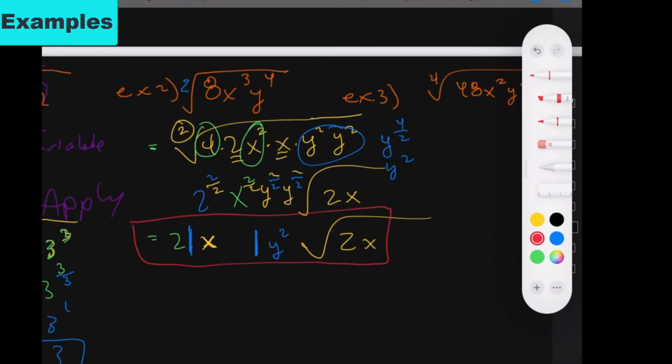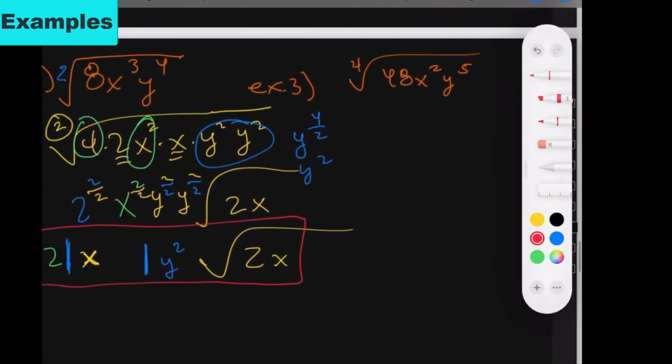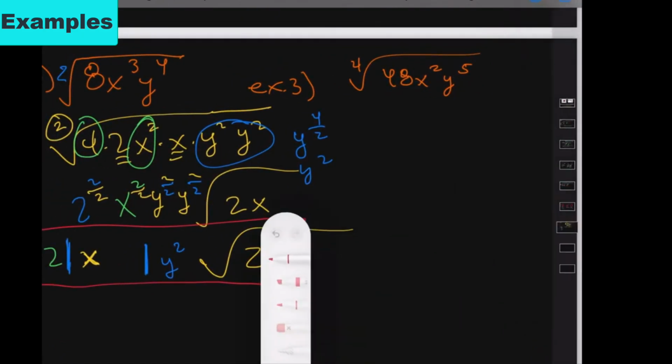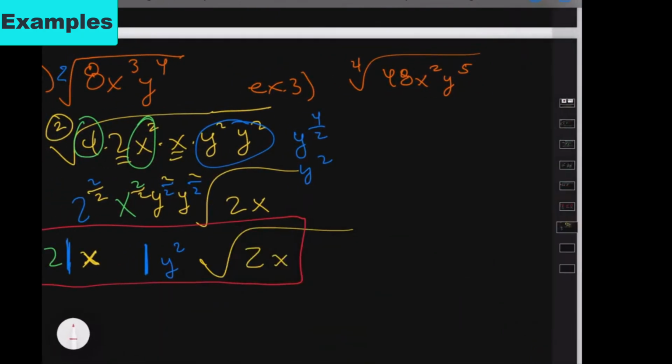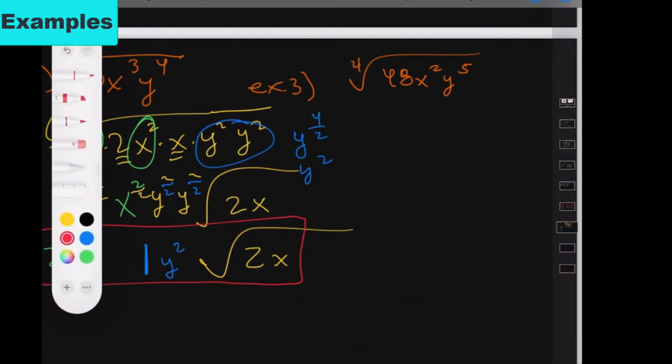Let's try one more example. Press pause and see if you can do it, and then I'll do it alongside with you. Alright, let's go ahead and break these up into our factors. So something to the 4th power, I would need something like 16 times 3.